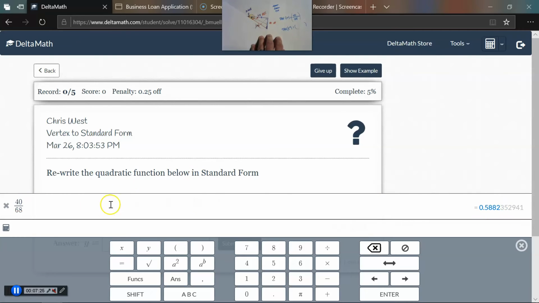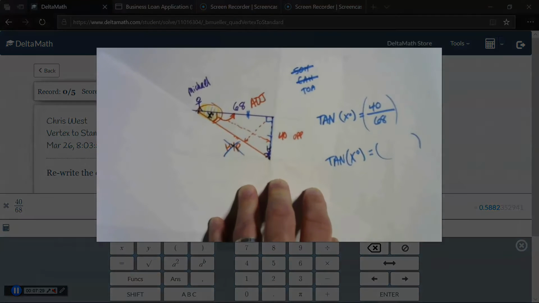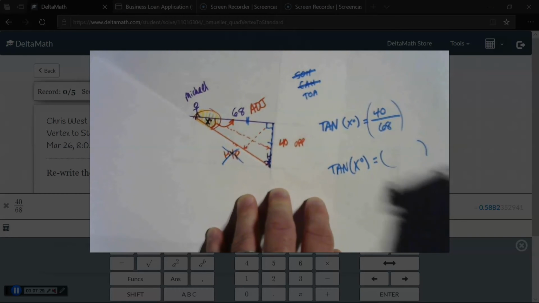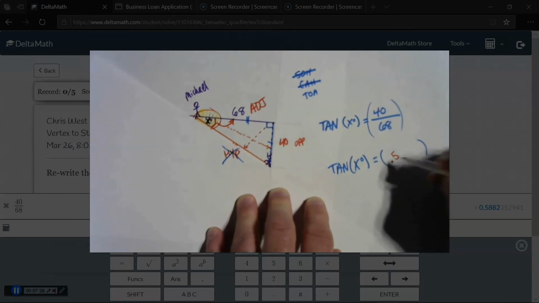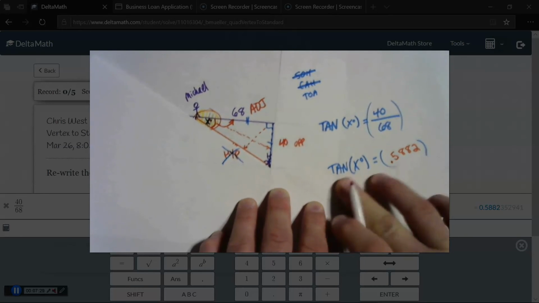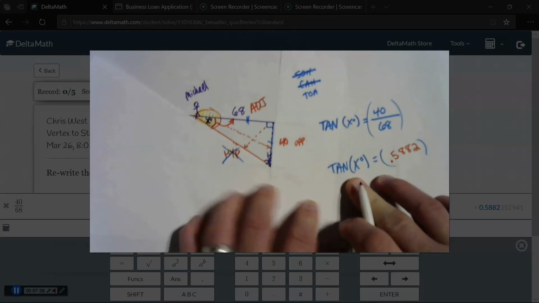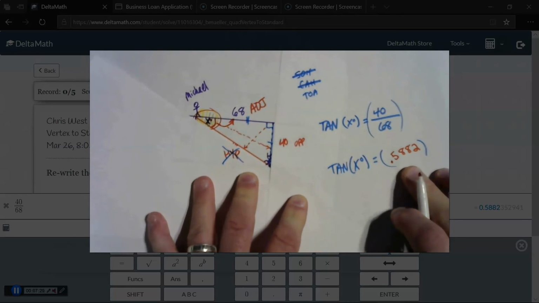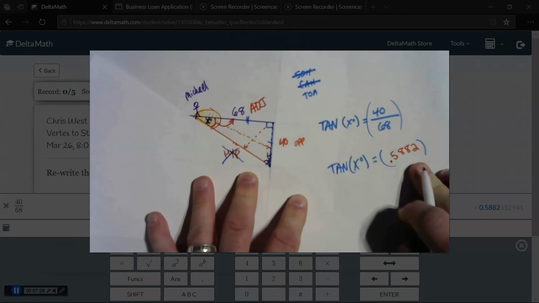So 40 divided by 68 is 0.5882. Let's go back to the dot cam. So the tangent of some degree angle out there is 0.5882.